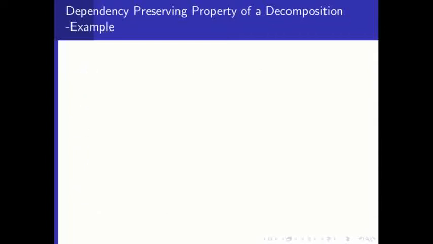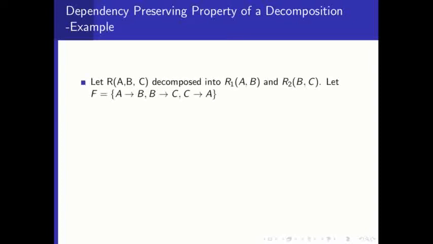Dependency preserving property of decomposition, an example. Let us consider relation R(ABC) decomposed into R1(AB) and R2(BC). Let F be A determines B, B determines C, and C determines A. Now the decomposition is R1 with attributes A and B, R2 with attributes B and C. What are the FDs that correspond to R1?